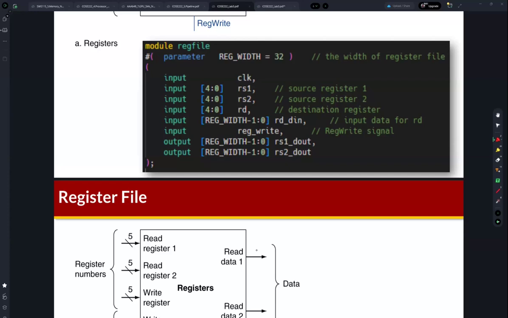So if you took the digital logic design course, in the previous semester we used ModelSim, and the test bench was also written in SystemVerilog. But in this course, we are using Verilator, and Verilator converts the SystemVerilog module into C source files.